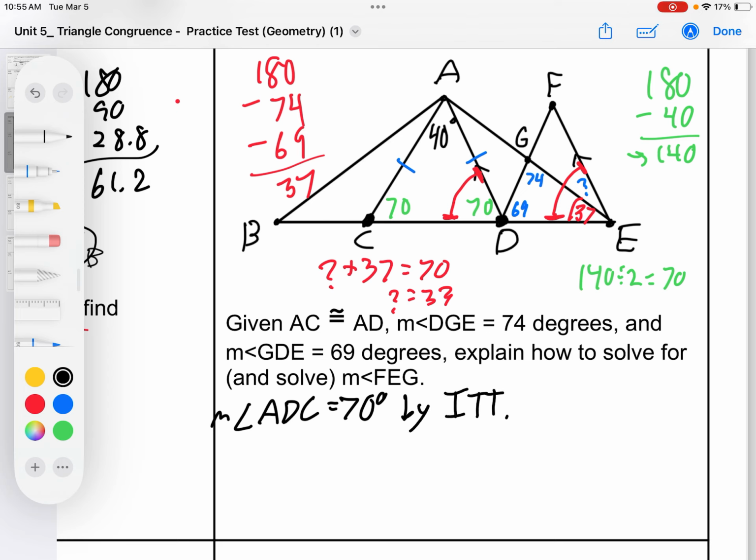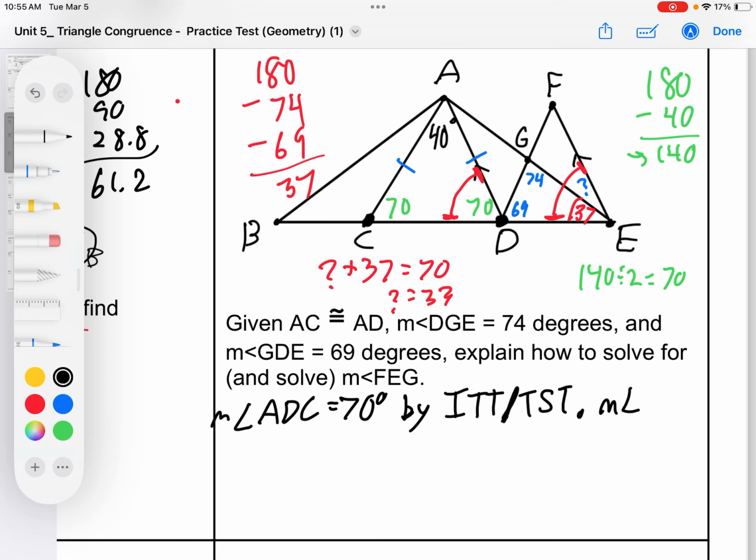That's basically using the fact that it has to add up to 180 degrees, and those two angles have to be congruent. Slash TST, the triangle sum theorem. So you combine those two together to get the fact that these both need to be 70.